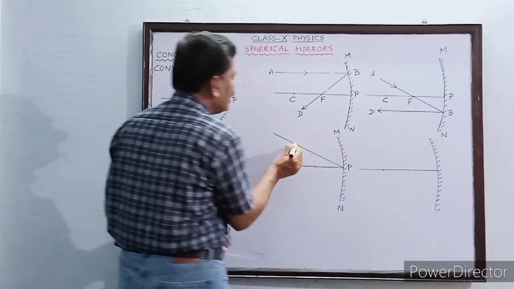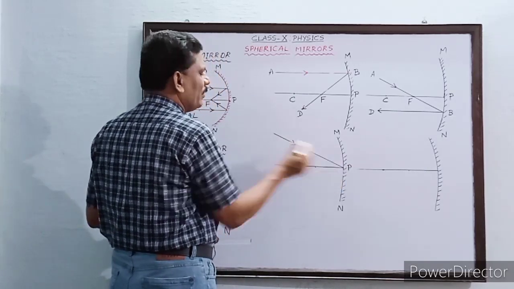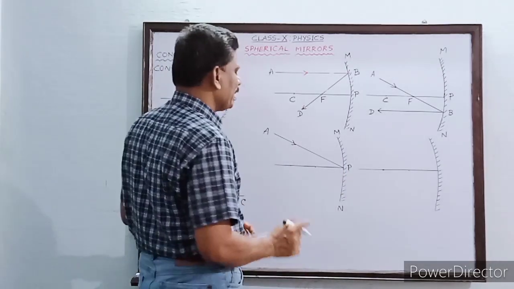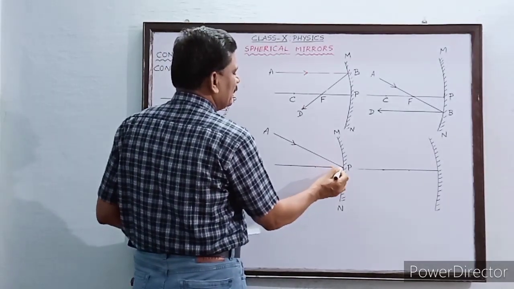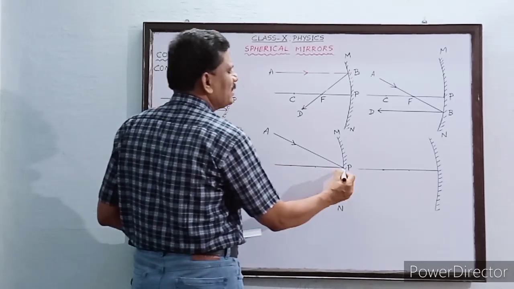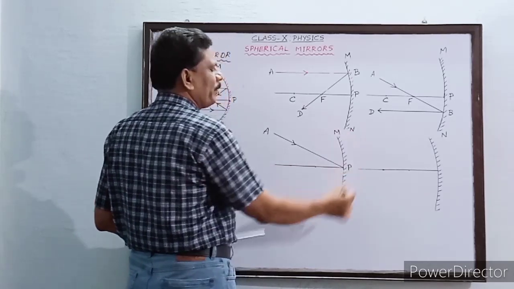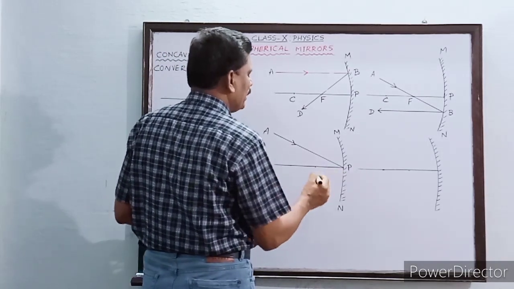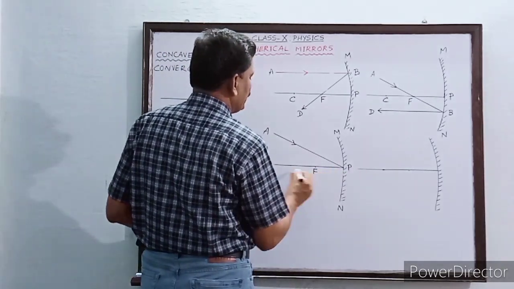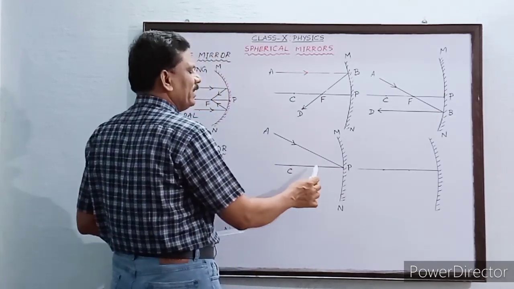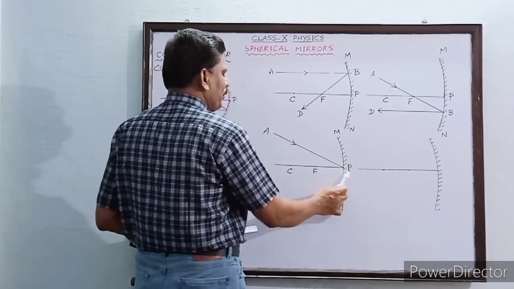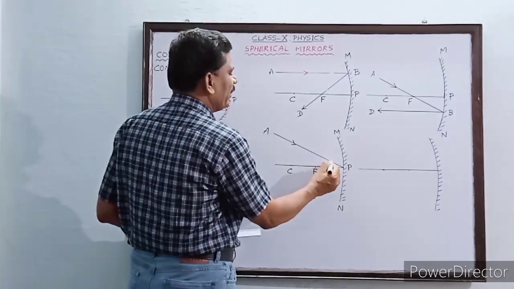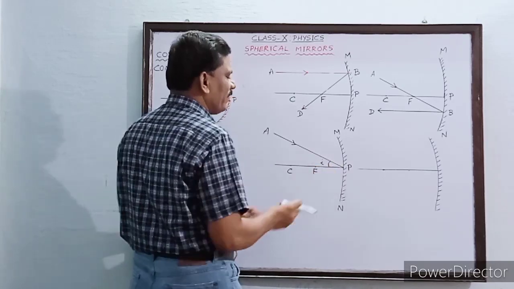So AP is the incident ray, and the principal axis is perpendicular to the reflecting surface, so it acts like a normal. This is the point F and this is the point C. The straight line PF or PC acts like a normal to the reflecting surface, and hence the angle of incidence must be equal to the angle of reflection.